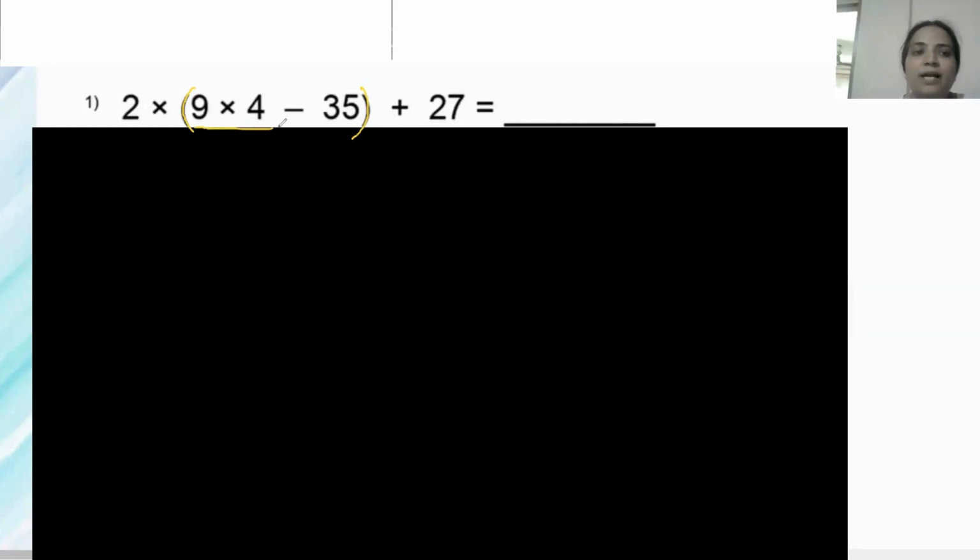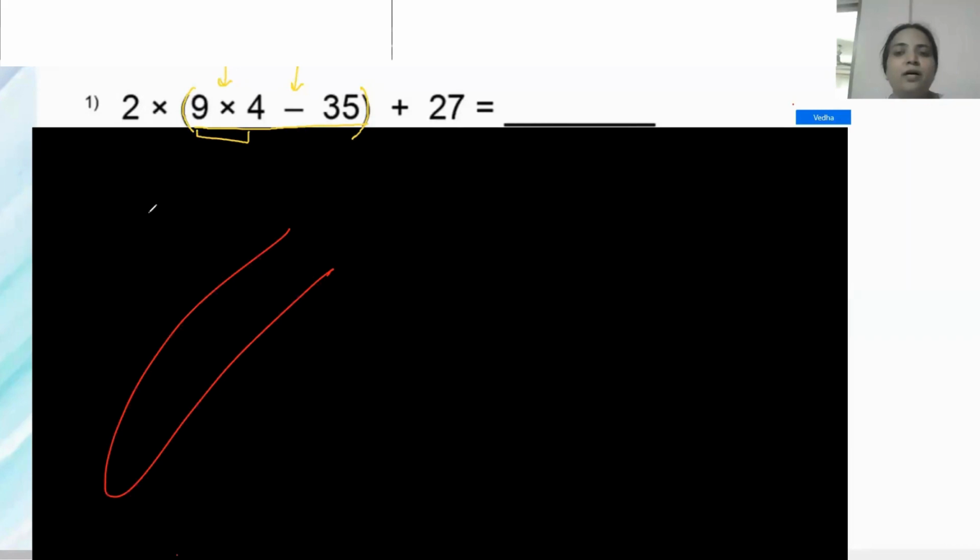So of course, this parenthesis you will solve first. But in this parenthesis, again, order of operations needs to be considered. Ma'am, first 9 into 4. Very good. Because in BODMAS, multiplication comes ahead of subtraction. So you will multiply this first.